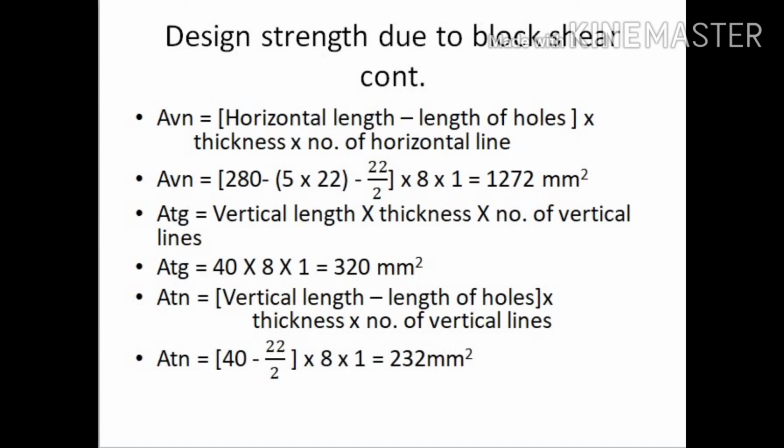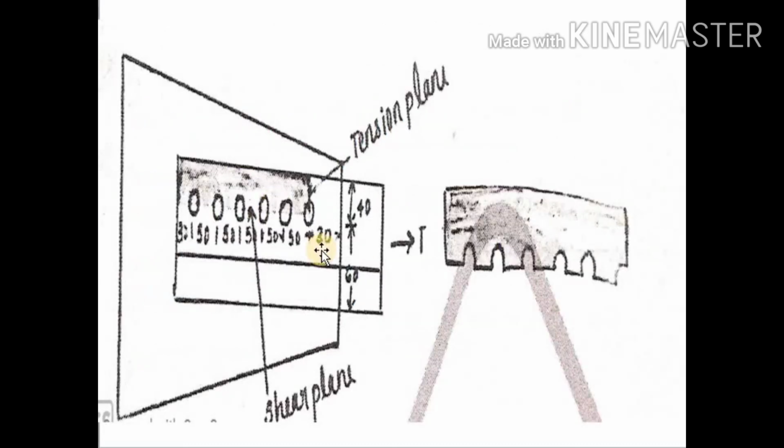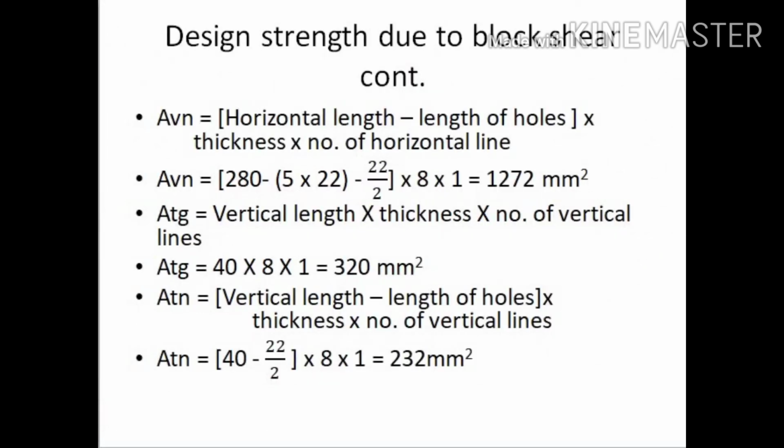Next is Atg. Atg means minimum gross area for tension, equal to vertical length into thickness into number of vertical lines. Vertical length is 40, as you can see here. So 40 into thickness 8 and number of vertical lines 1, that is equal to 320 mm square.